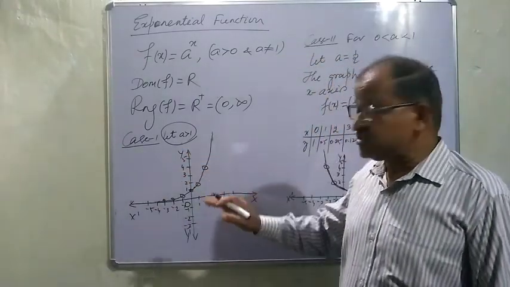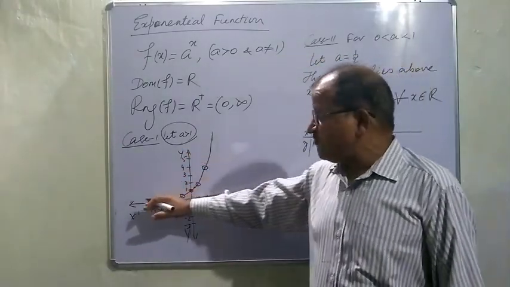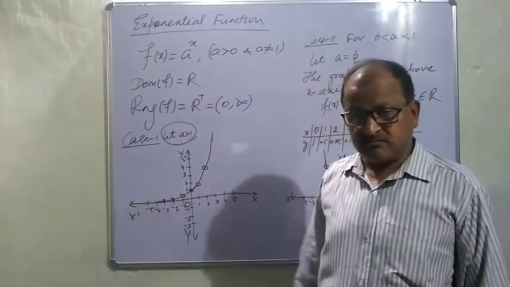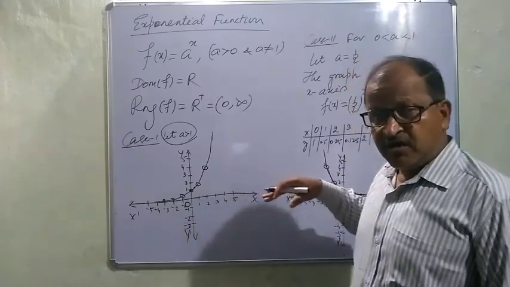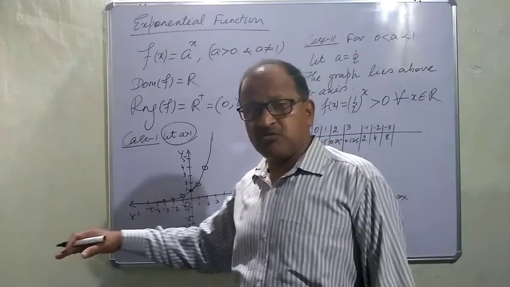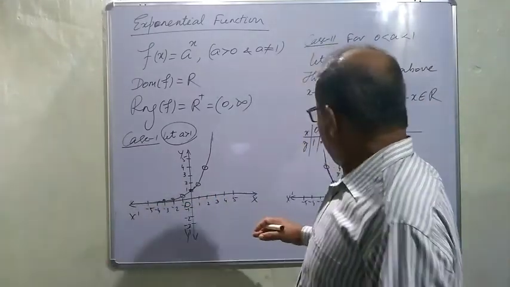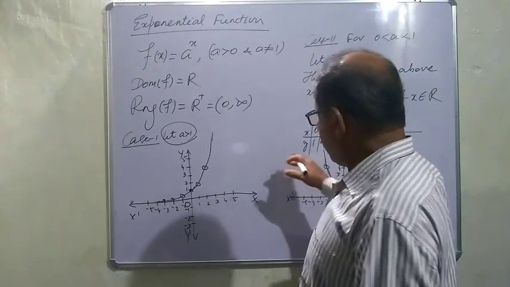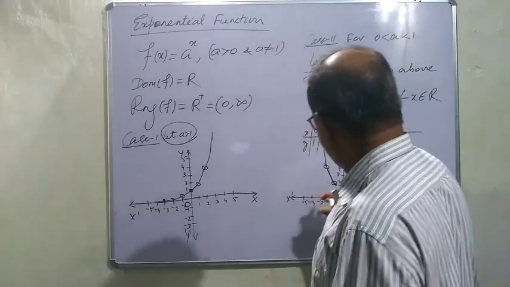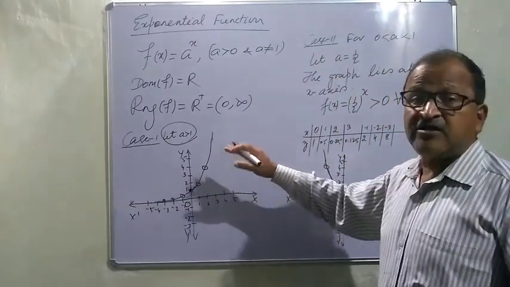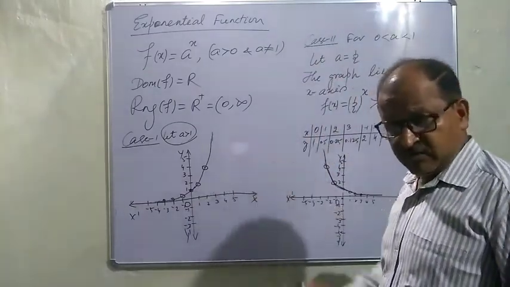It will never touch. You see the graph. It will never touch the x-axis. But it is becoming closer and closer to the x-axis while moving from 0 to left, in the case of a greater than 1.